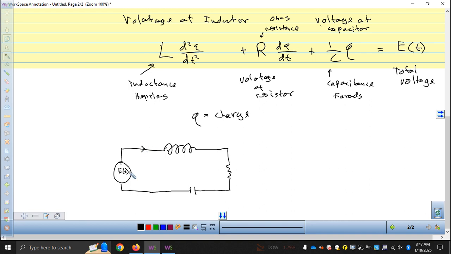Yeah, this is just a voltage as a function of time. And the current is I, the rate of change of the charge with respect to time. This is our capacitor, this is our resistor, and this is our inductor. Inductors are coils. Capacitors are those two plates that build up charge.